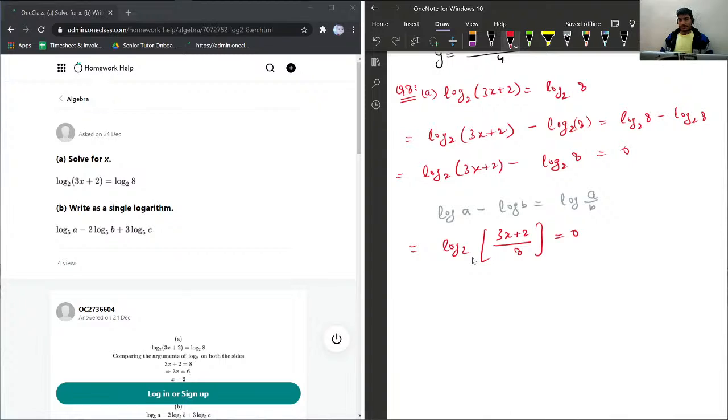So what I will do here again, I will take another property. Suppose log of a with base b is equal to, let's say, c, then my a will be b power c.